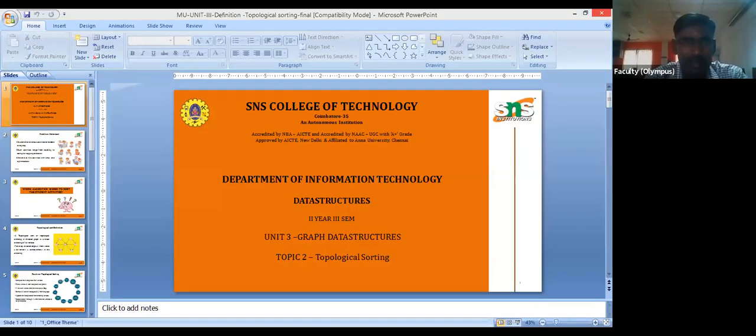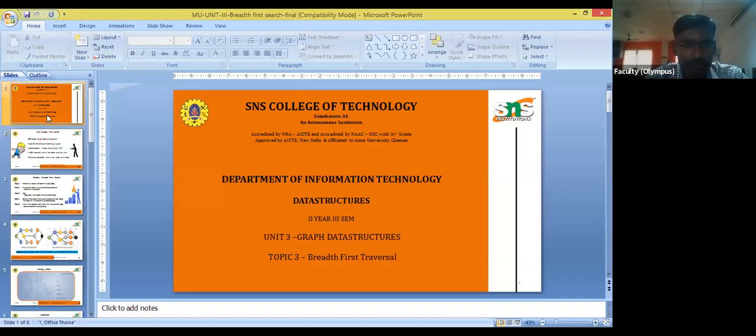I will tell one simple example so you can easily identify the concept of depth first search and breadth first search. Let us consider there is a ditch in a place.